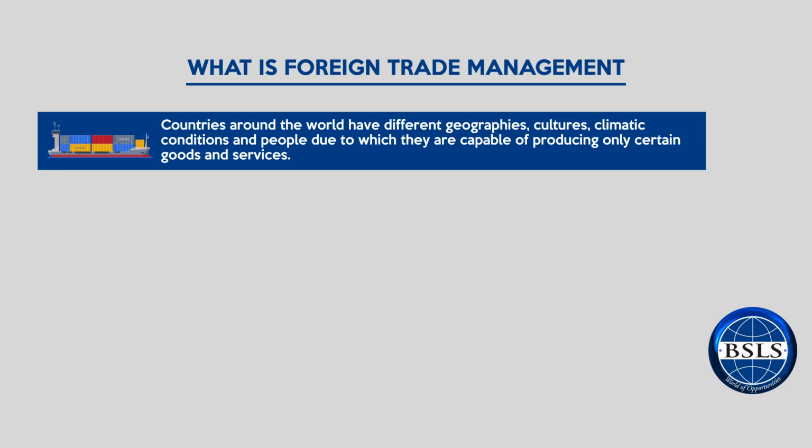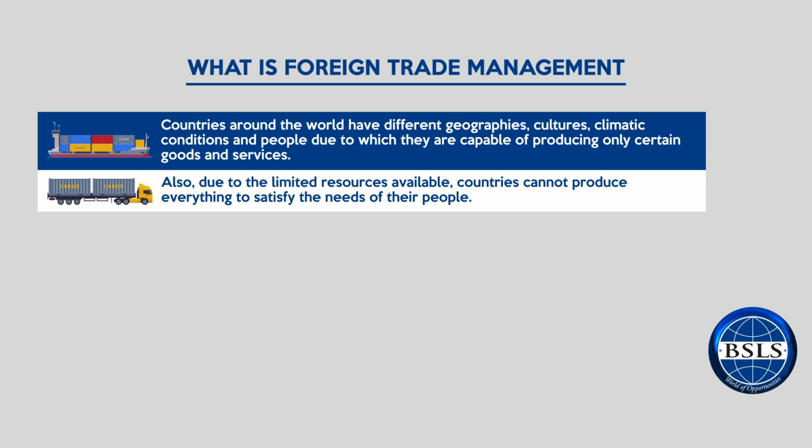We all know there are different countries in the world, each having different cultures, laws, regulations, capabilities, and resources. Due to such differences, every country is capable of producing only certain goods and services, and therefore it is not able to meet the needs and demands of its consumers.